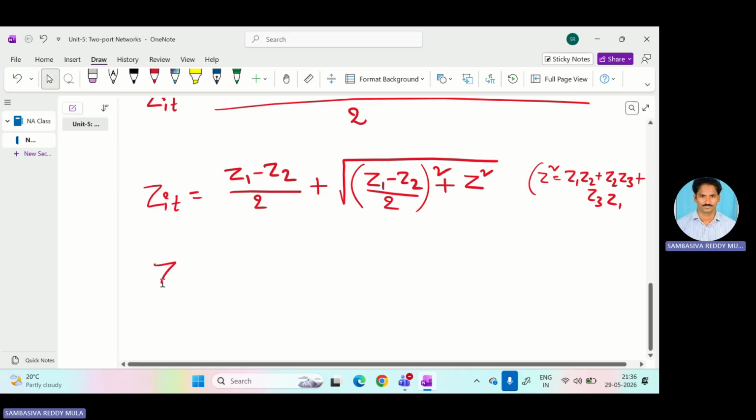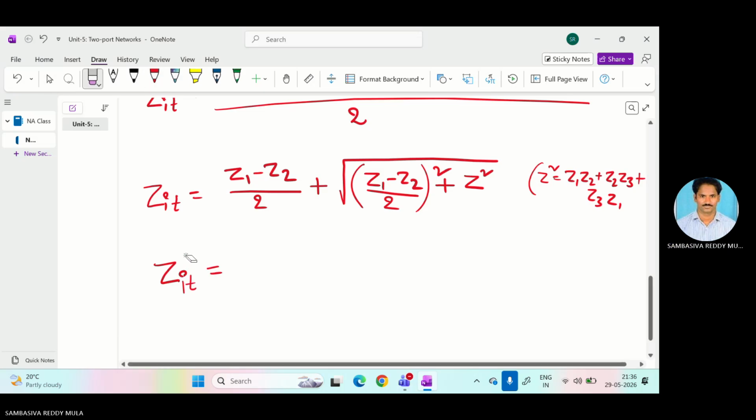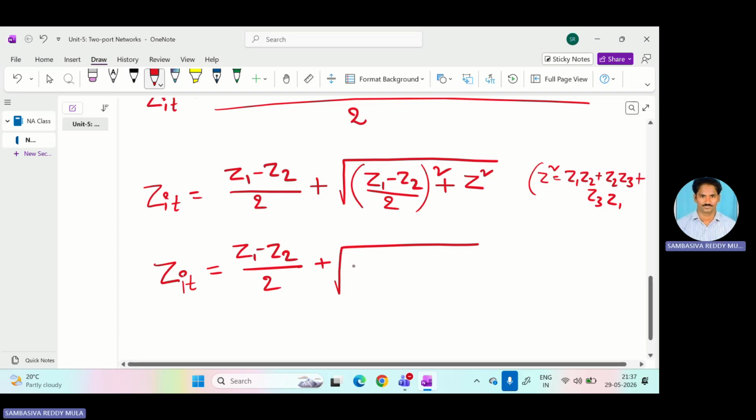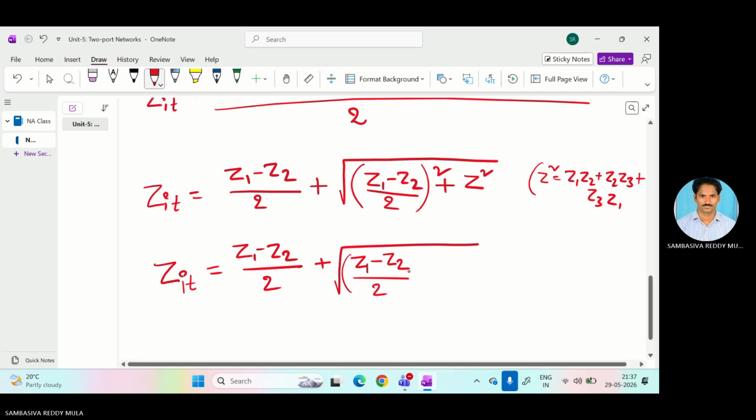Now finally, I can write ZIT is square root of Z1 minus Z2 by 2 whole square plus Z square.